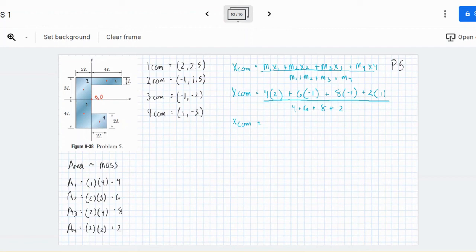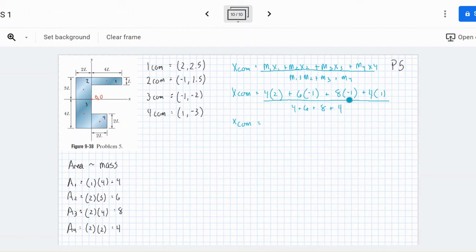I have a typo. 2 times 2 is 4. Let me fix it up here. Sorry about that. Mass times position, mass times position, mass times position, masses. 4 times the position. There we go.